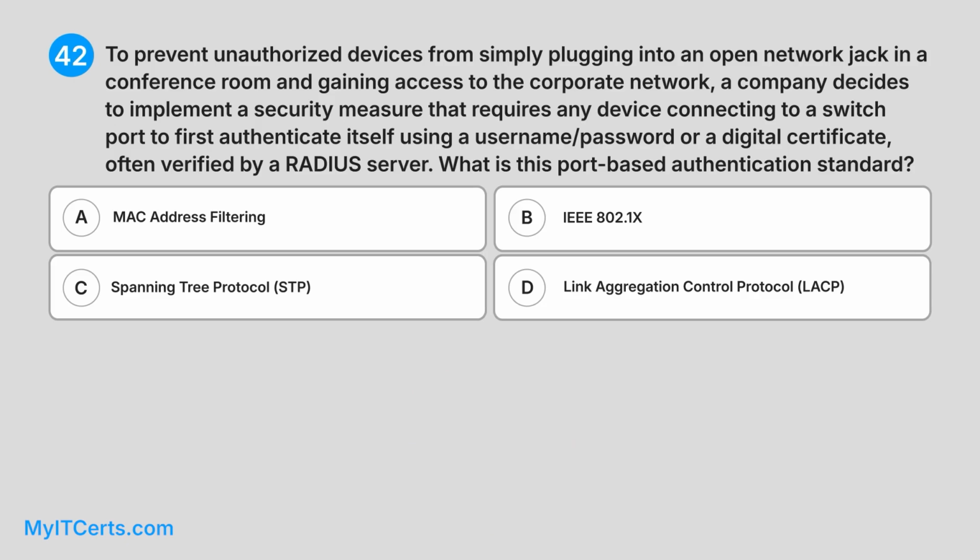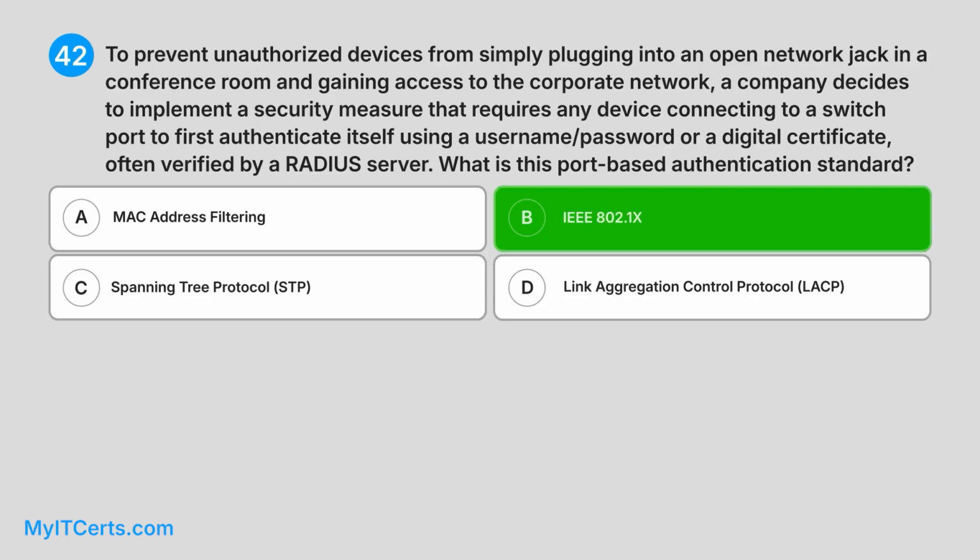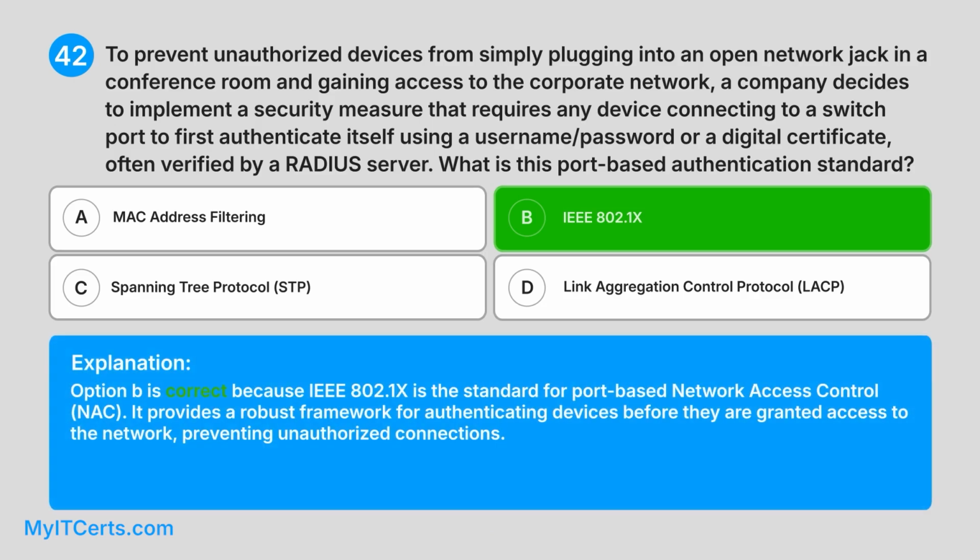Correct answer, B. IEEE 802.1X. Explanation. Option B is correct because IEEE 802.1X is the standard for port-based network access control, NAC. It provides a robust framework for authenticating devices before they are granted access to the network, preventing unauthorized connections.